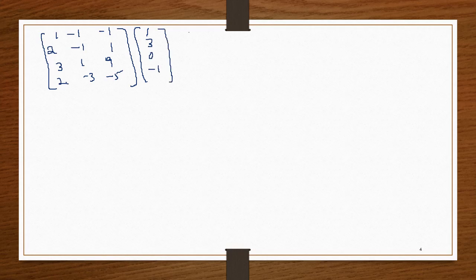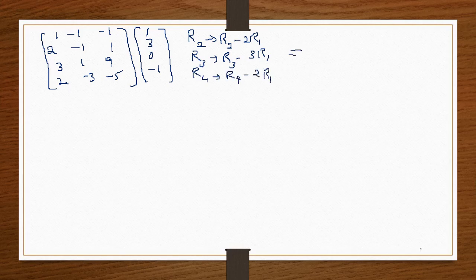We'll do some row operations: R2 becomes R2 minus 2 times R1, R3 becomes R3 minus 3 times R1, and R4 becomes R4 minus 2 times R1.